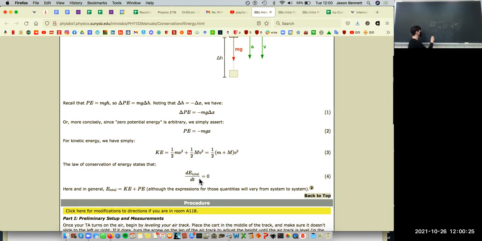So, as we almost always do in the class, this tells me if I plot the total energy on the y-axis and the time on the x-axis, my slope should be 0. So our expected result of this lab today is that the slope of E versus t is 0. It won't be exactly, but it should be very close, like 0.0000 or negative 0.0001 or whatever.